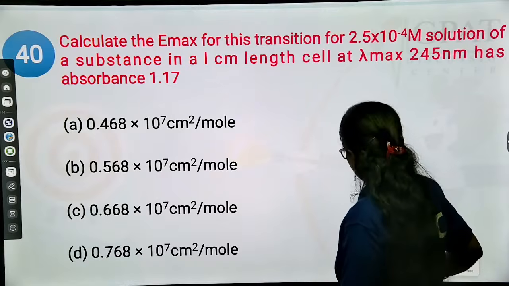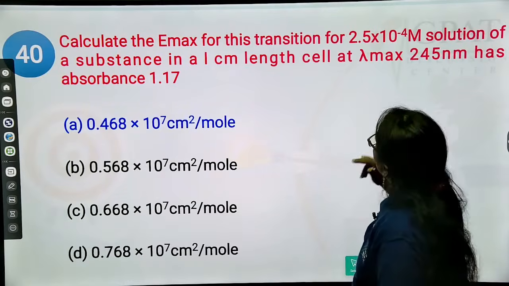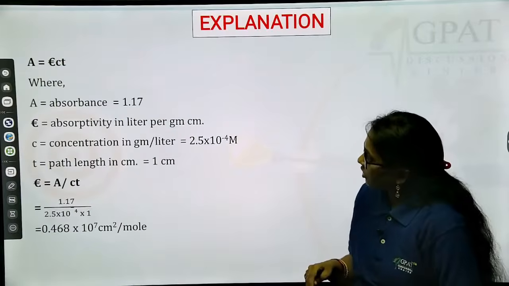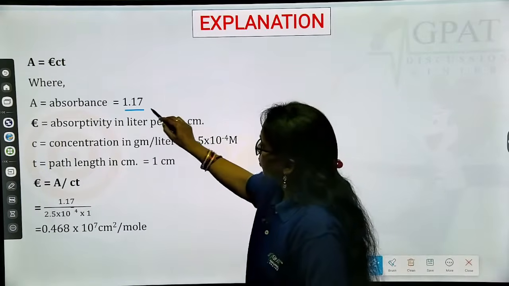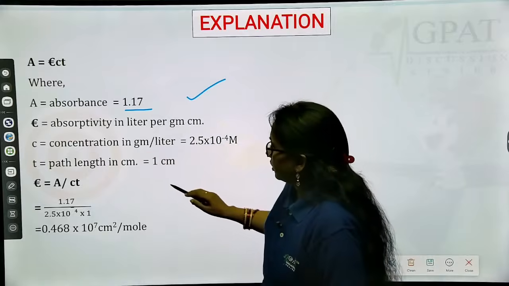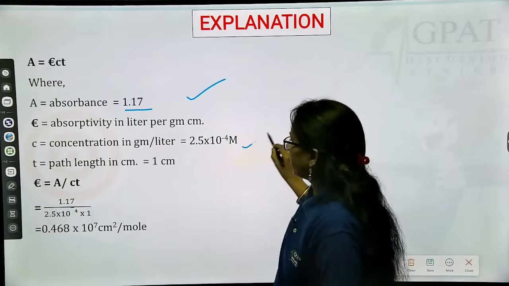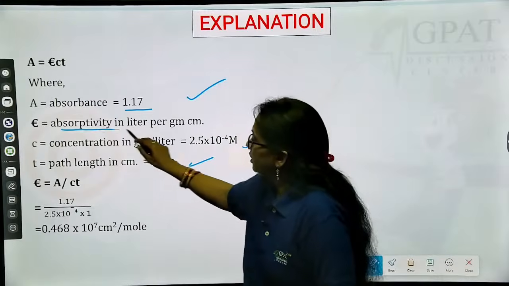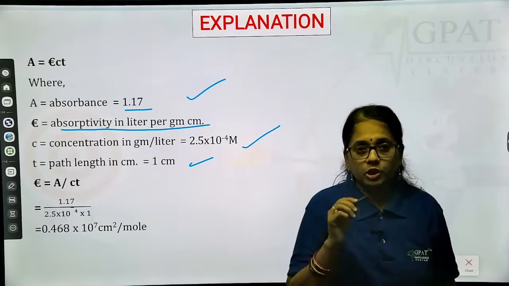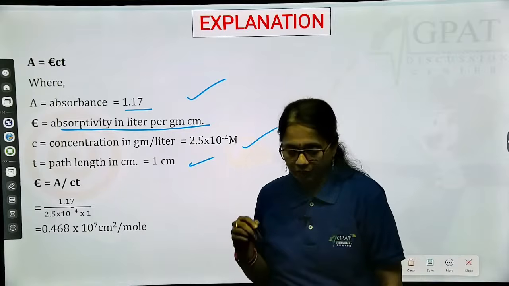Absorbance they have given, concentration also they have given, that is absorbance 1.17, and path length they have given. Only what they have asked is the epsilon value, molar absorptivity value.